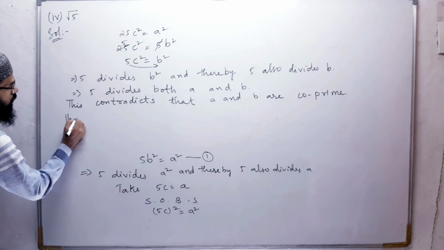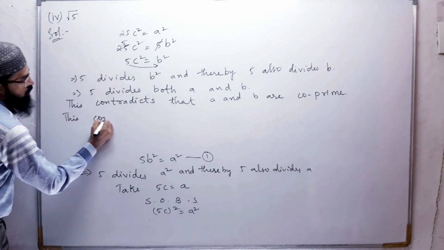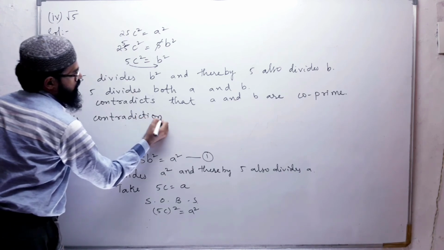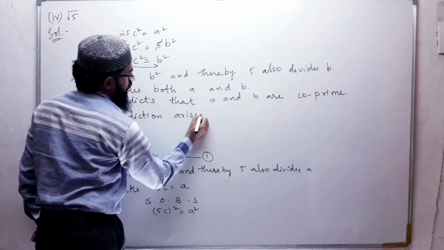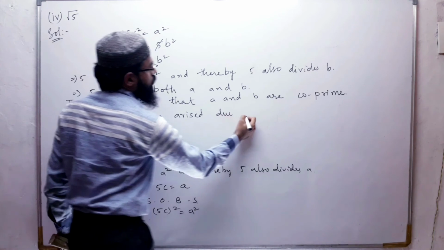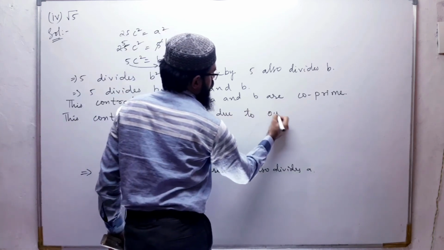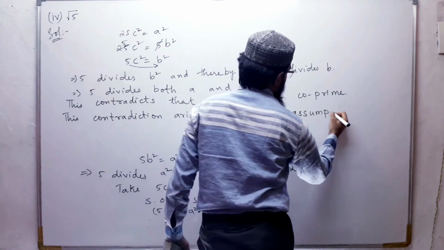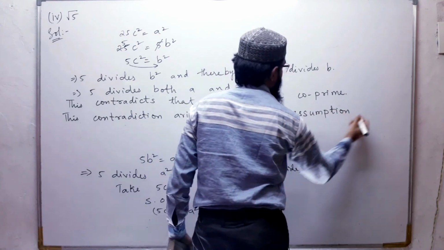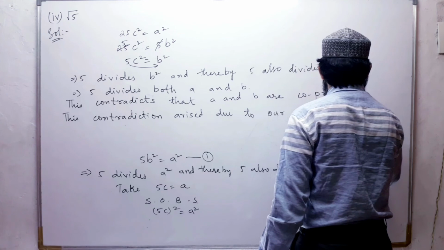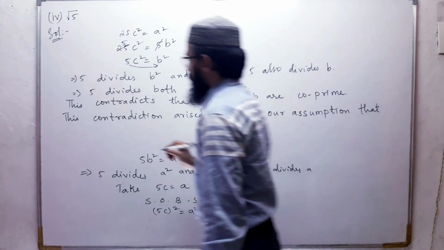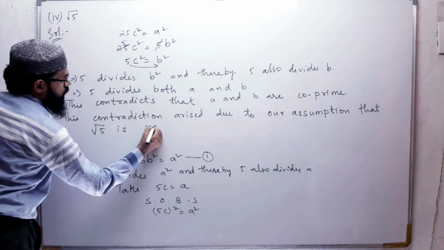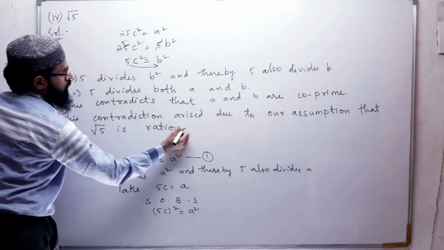This contradiction arose due to our assumption that root 5 is a rational number.